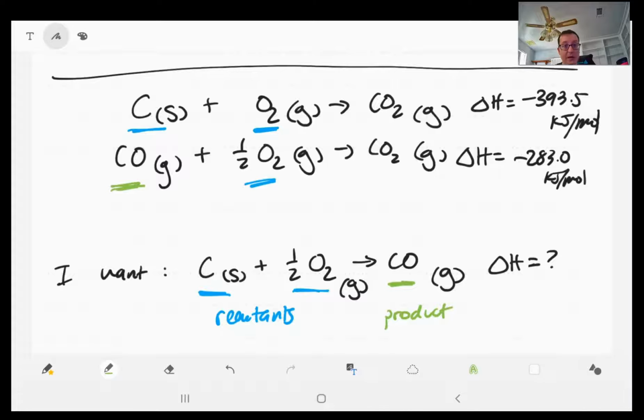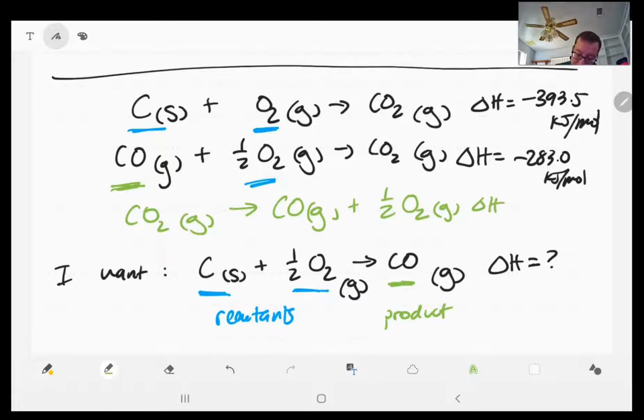We want it as a product, so we need to invert that reaction. Let's rewrite it here instead. The delta H for this would just be positive 283 kilojoules per mole.